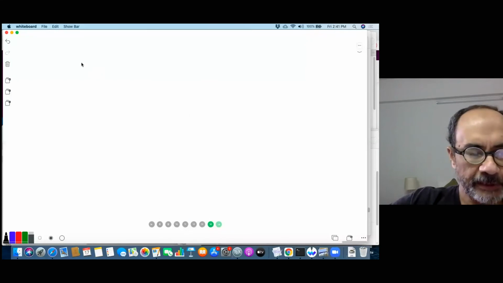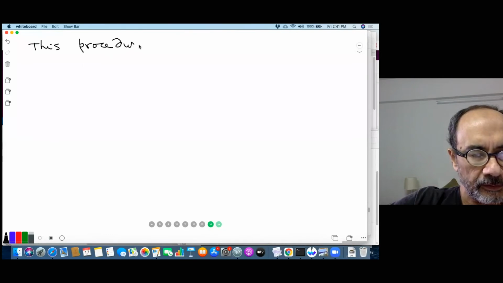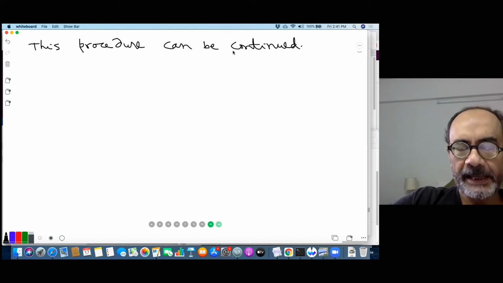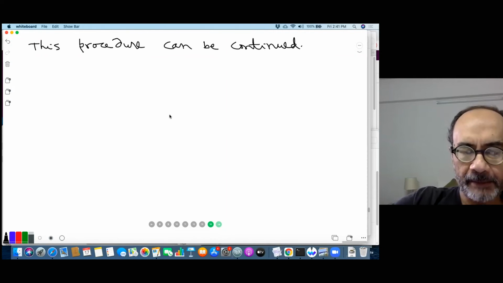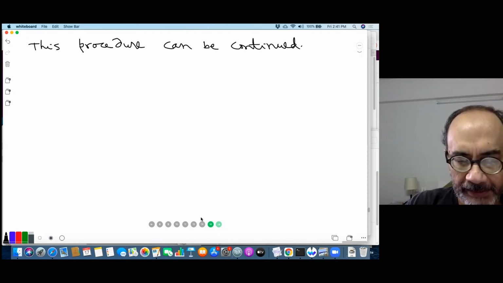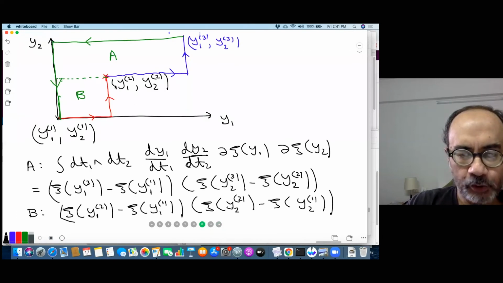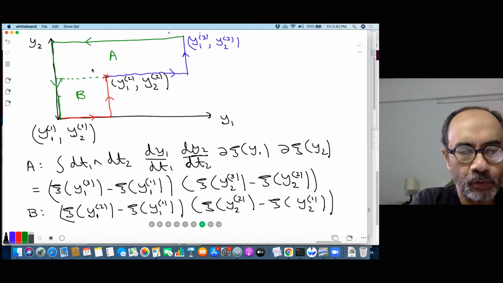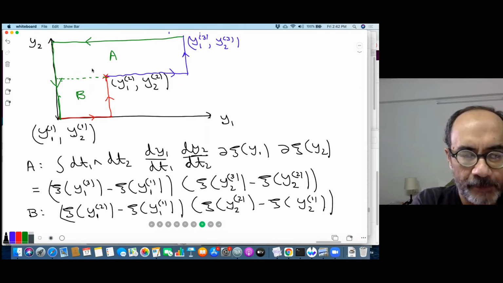So this procedure basically can be continued. For the case when you have only two PCOs, it stops at the step that I described. It stops at this step because now you can show that there will be no further gaps left over, even when this codimension 2 intersections themselves intersect on a codimension 3 subspace.